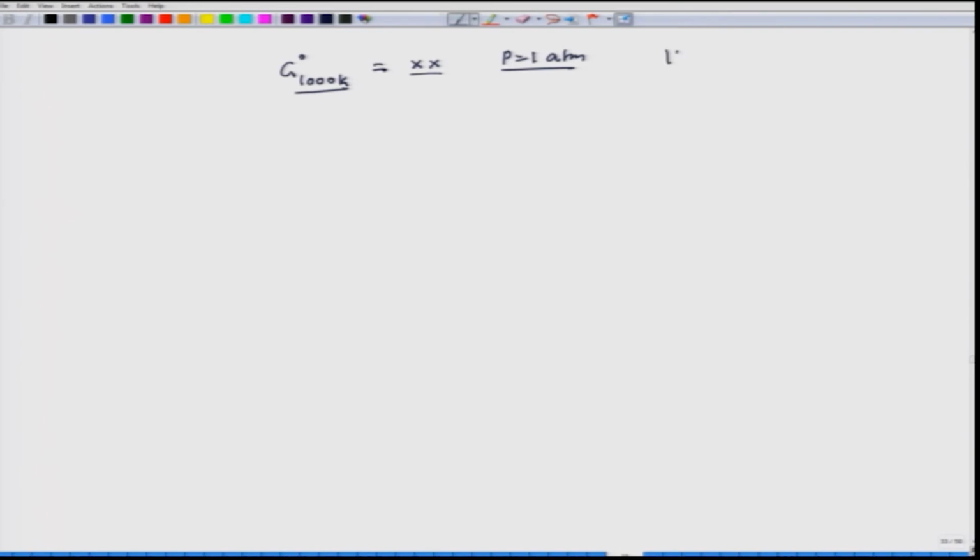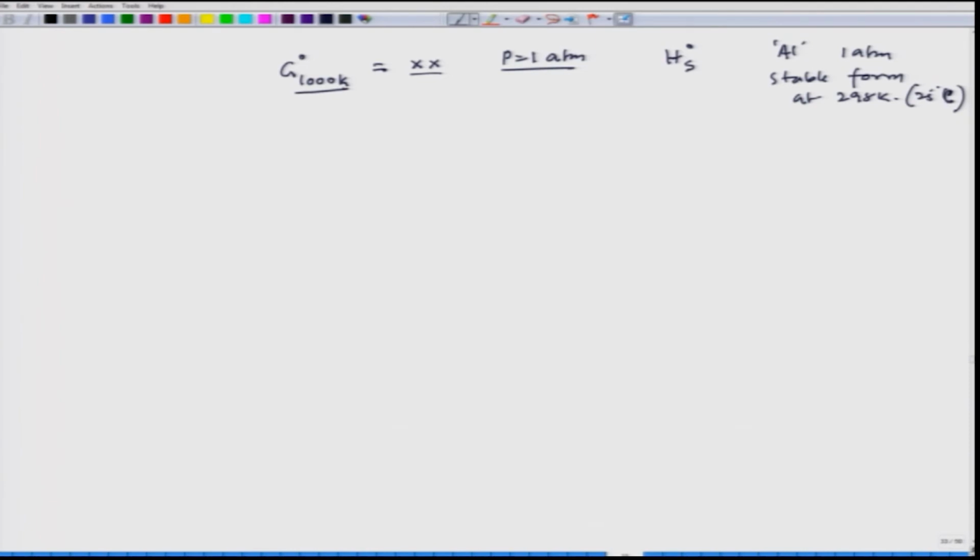For example, enthalpy. Enthalpy also has got standard value. For example, in case of enthalpy, let us say aluminum. In case of aluminum, if we take 1 atmosphere pressure, in that case the solid is the stable form at 298 Kelvin or 25 degrees Celsius.